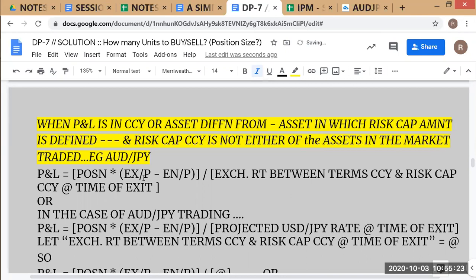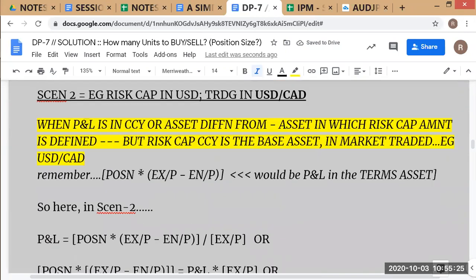If you go back to dollar Canada scenario 2, the writing is slightly different. PNL is in currency or asset different from asset in which risk... So this whole thing means nothing but risk capital currency. The very long way of saying risk capital currency. So PNL currency is different from risk capital currency. But what is the difference? Risk capital currency is the base asset in the market being traded.